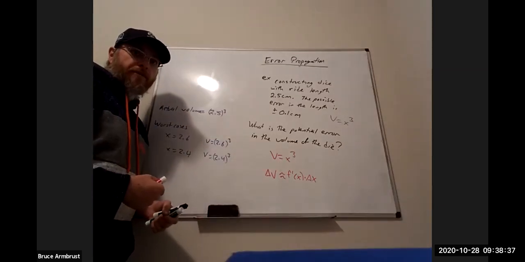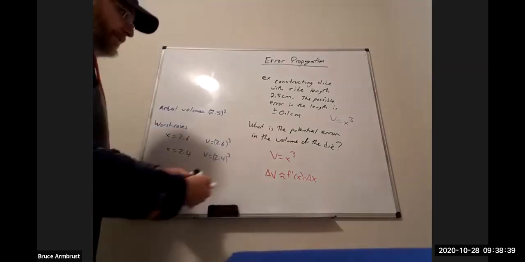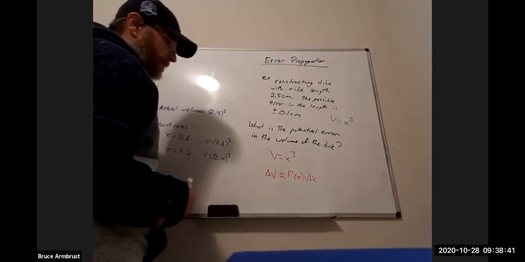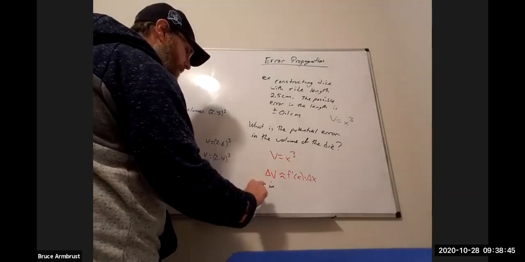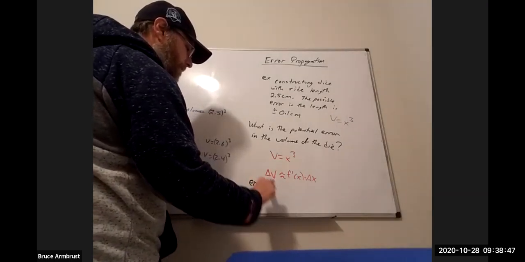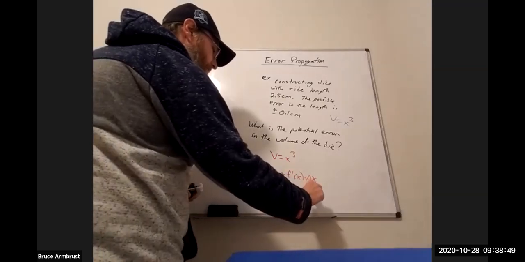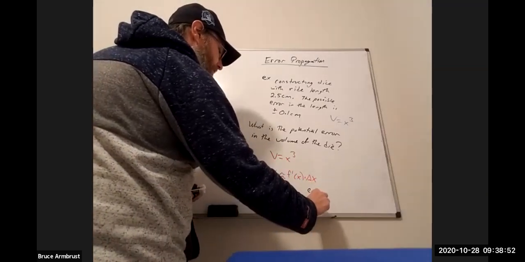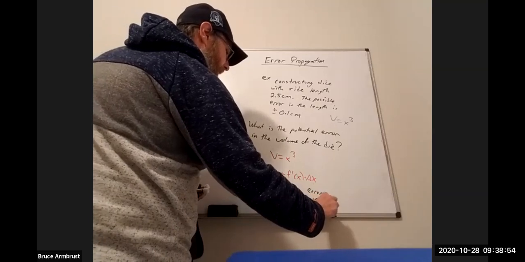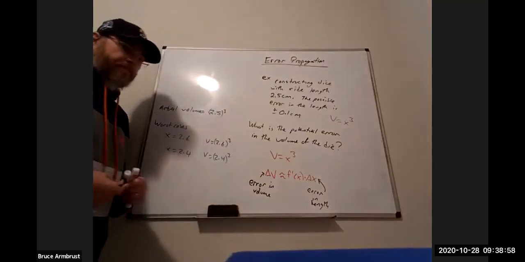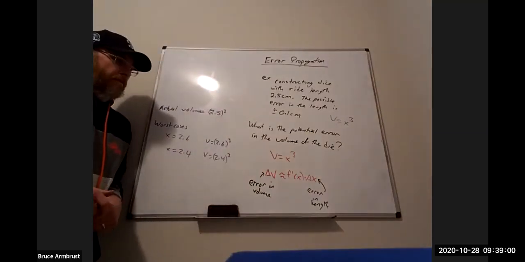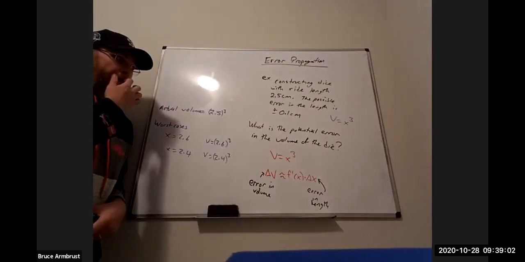But now in the context of what all these things are, this delta V, this is the error in the volume. The delta X, this is the error in the length. And I know the error in the length.